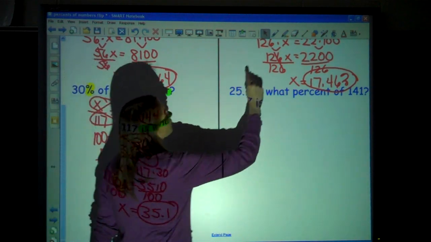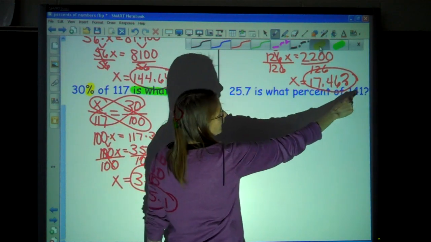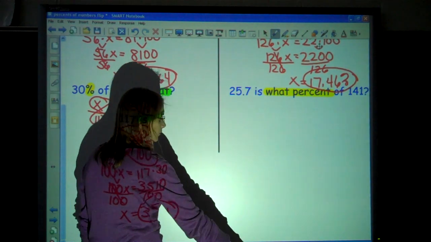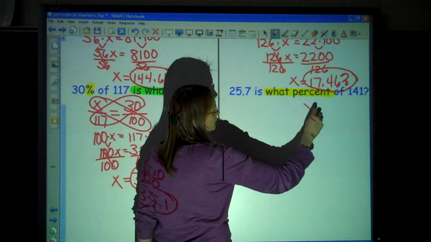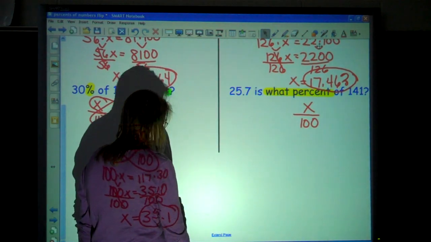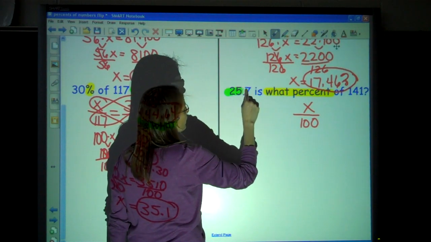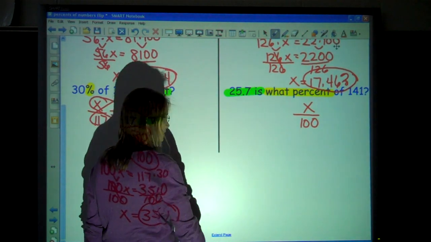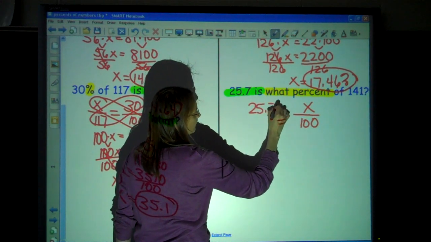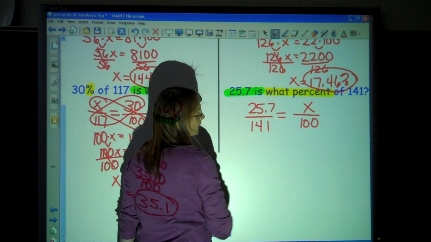And the last one, find my percent symbol. That's not a percent, and that's not a percent. It says what percent? So I don't know my percent, so I'm going to put x over 100, since I don't know my percent. And next I'm going to look for my is. And it says 25.7 is. So I'm going to put the 25.7 on top and the of 141 on the bottom.